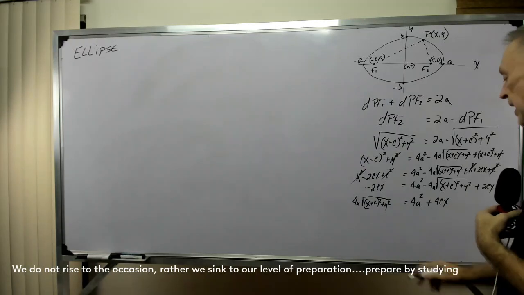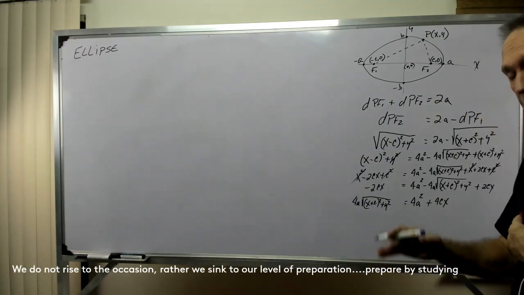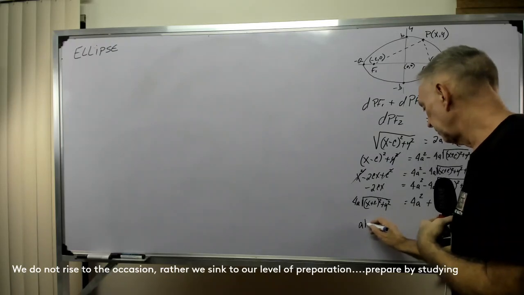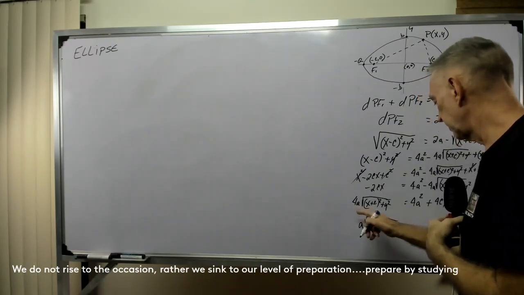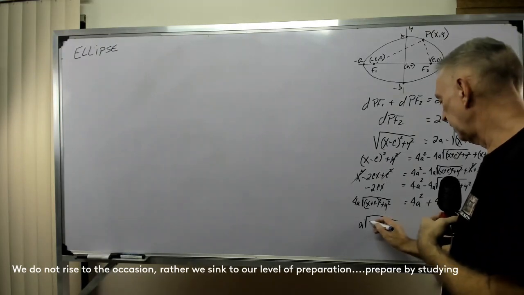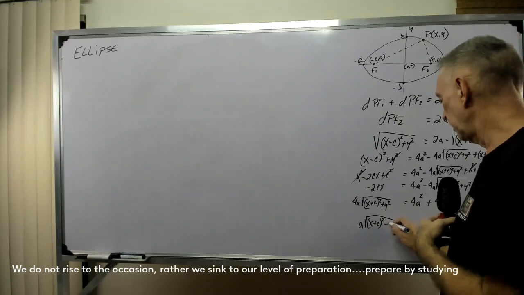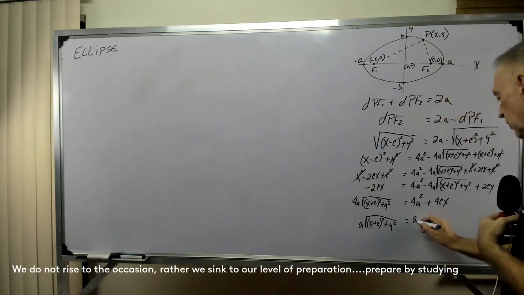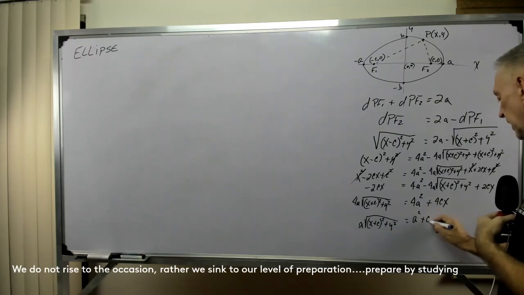Now then, I'm going to divide everything by 4. So I end up with a times the square root of x plus c squared plus y squared, and that equals a squared plus cx.